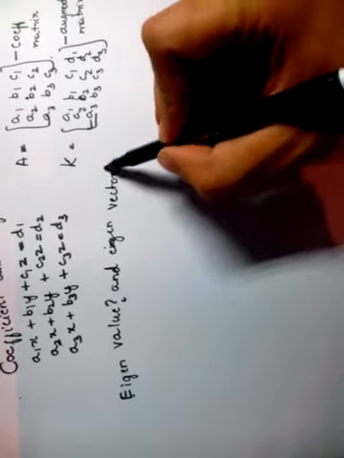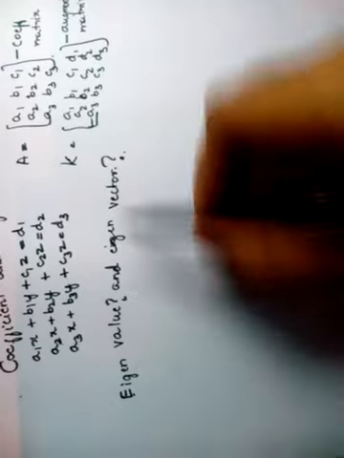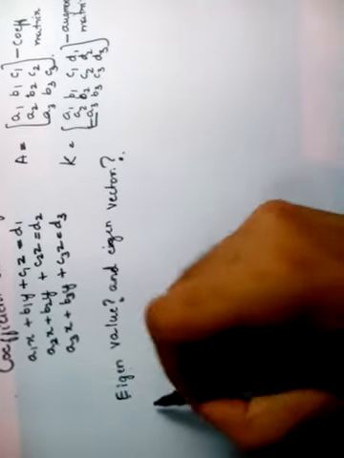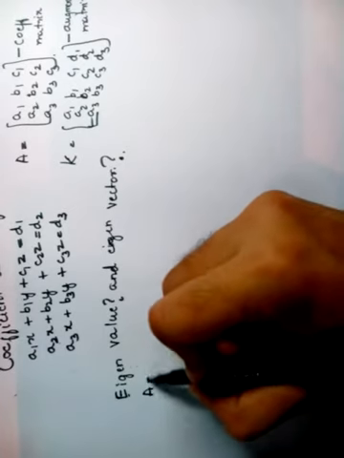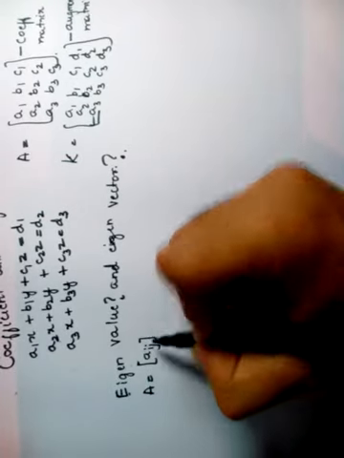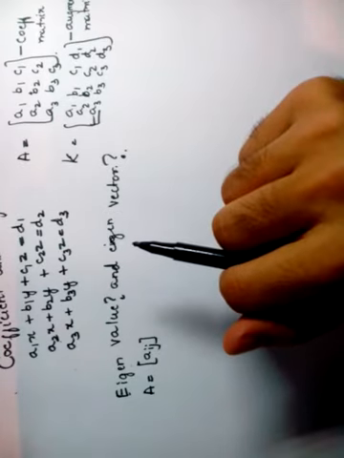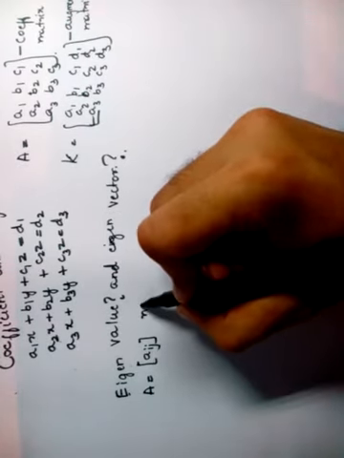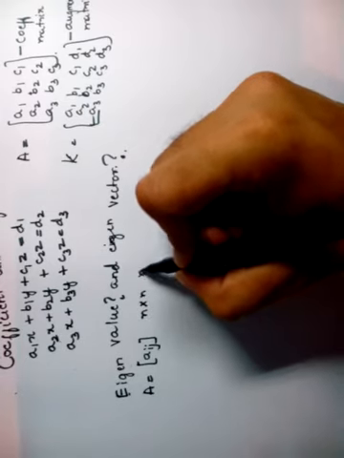In order to understand the eigenvalue and eigenvector, let us consider an example. Let's say there is a matrix A consisting of coefficients aij, and let it be an n cross n matrix.